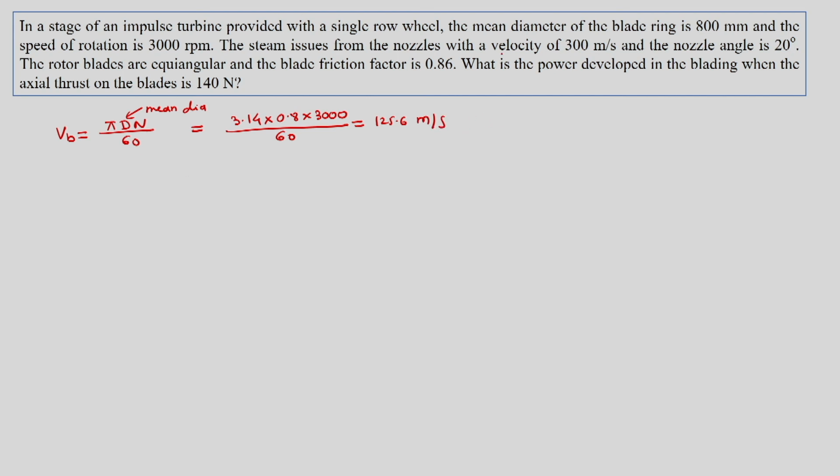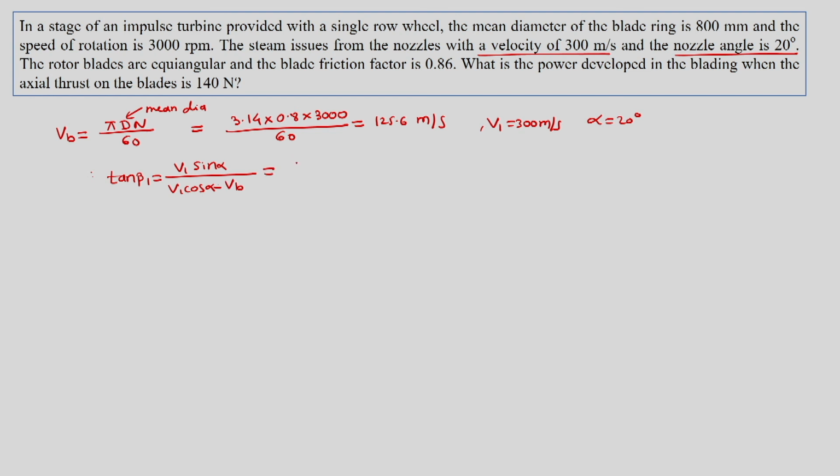In the example, we are told that velocity is 300 meter per second and nozzle angle alpha is 20 degree. So we can find out beta using our formula in terms of V and alpha: V1 sin alpha divided by V1 cos alpha minus VB.